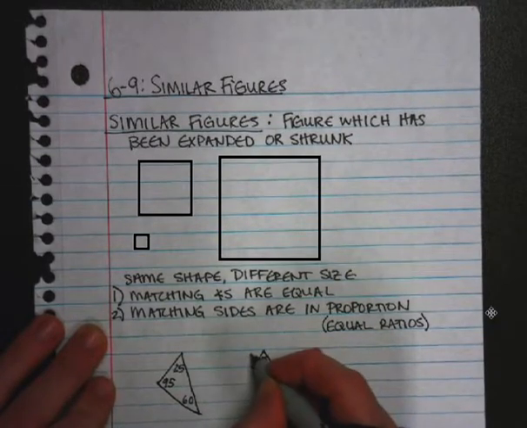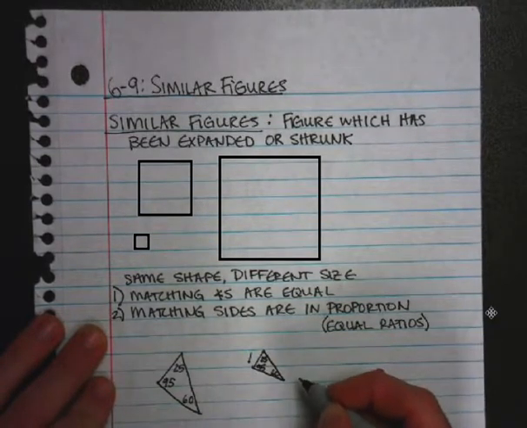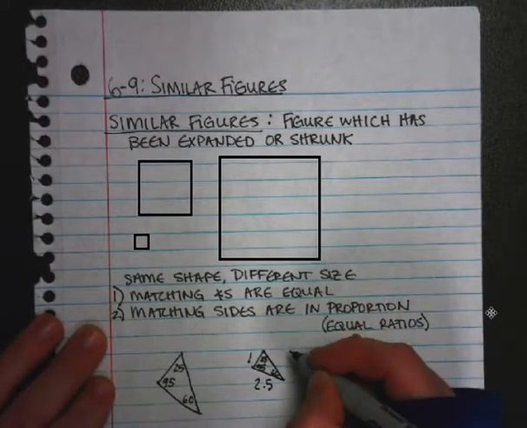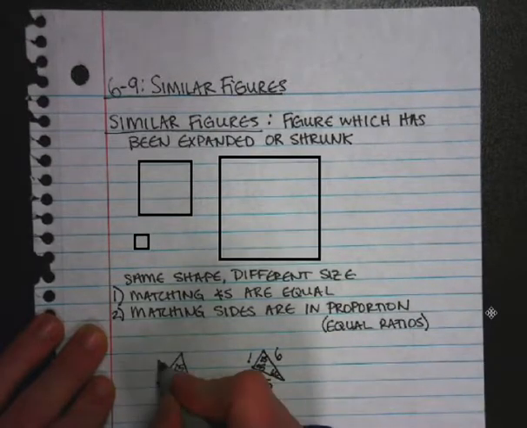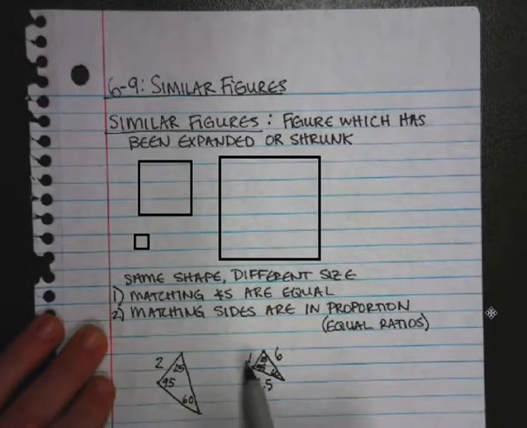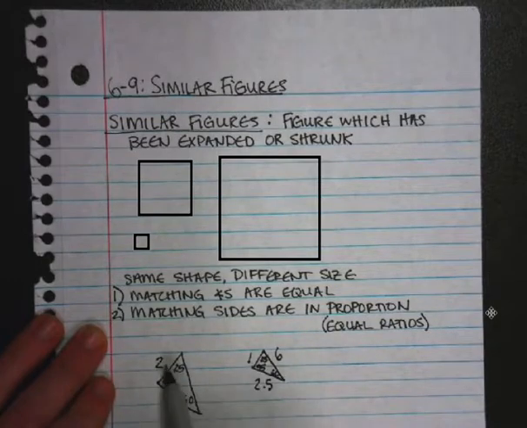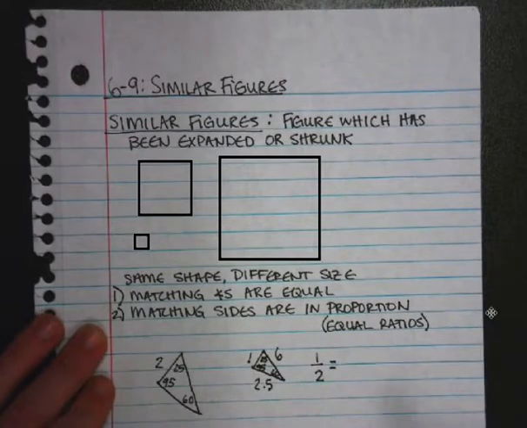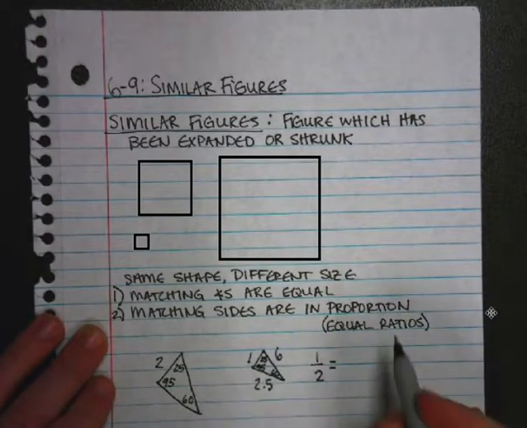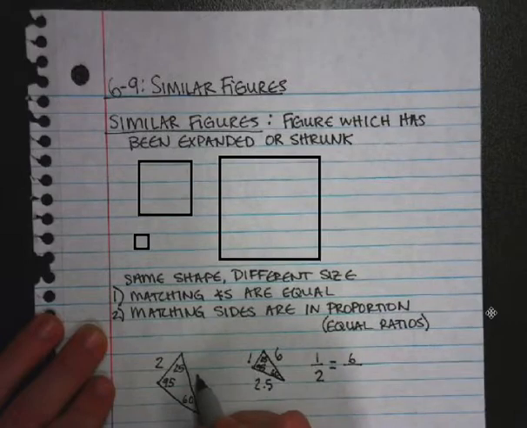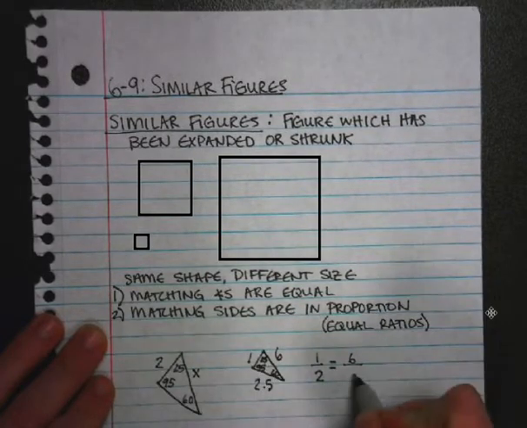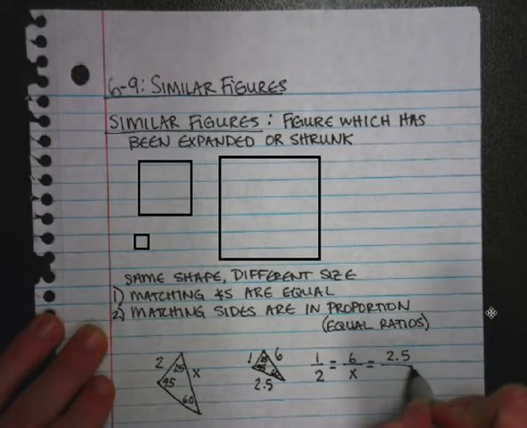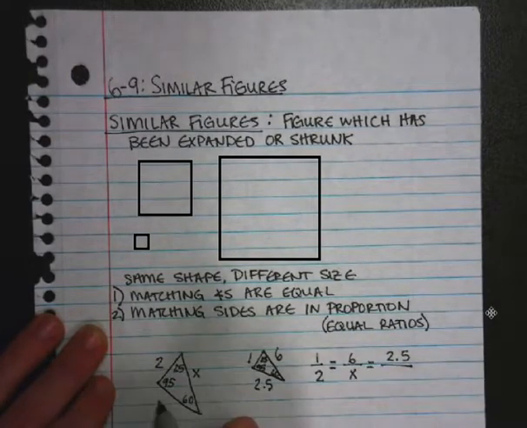And then matching sides are in proportion or have equal ratios. So maybe this is 1, this is 2.5, and this is 6. And I know that this is 2. So again, these are my matching sides. So the ratio here is 1/2. That's going to have to be equal to whatever 6 over whatever this side is, which would also have to be equal to 2.5 and whatever this is.